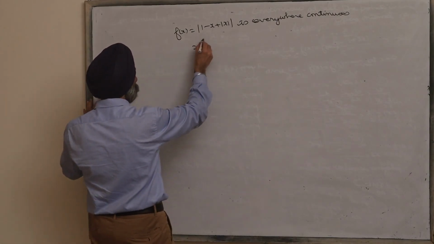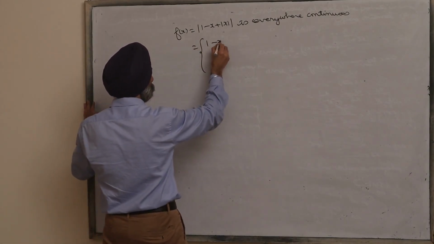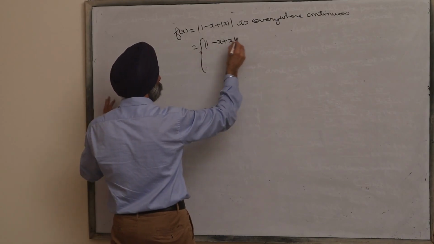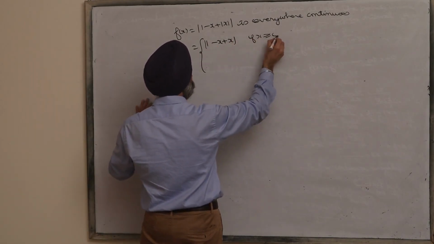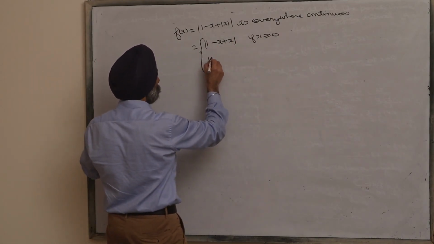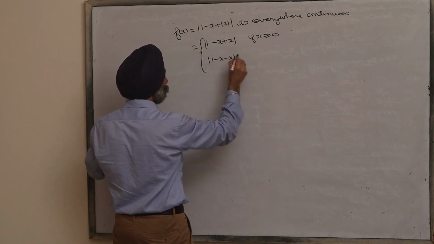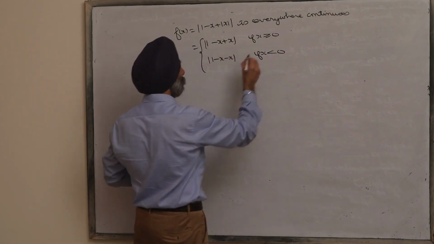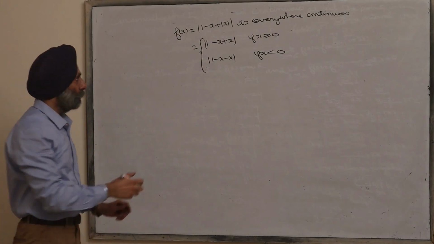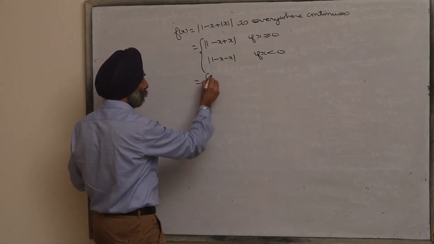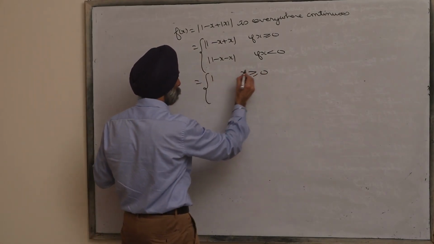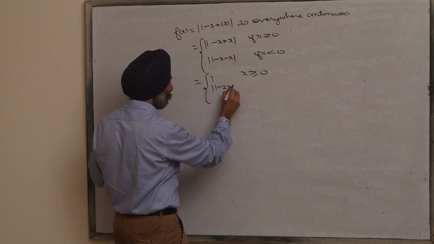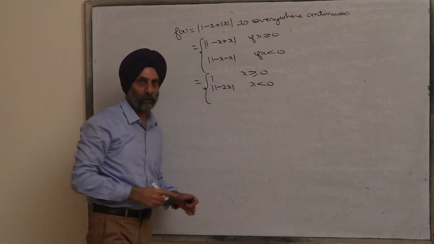Now this is equal to 1 minus x plus x if x is greater than or equal to 0, and 1 minus x minus x if x is less than 0. So this is equal to 1 if x is greater than or equal to 0, and modulus of 1 minus 2x if x is less than 0.